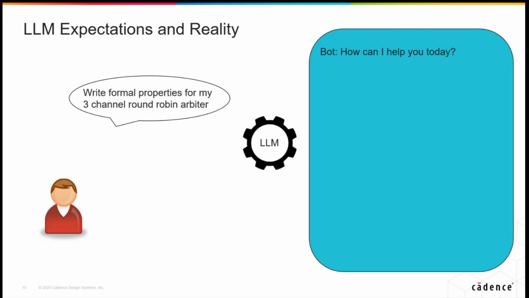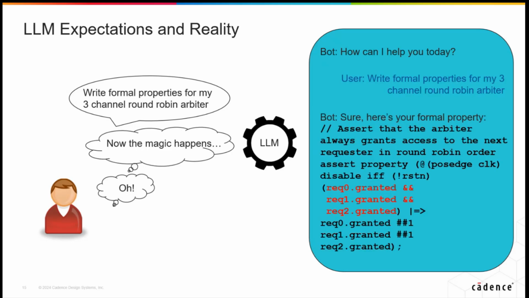I'm developing an arbiter, and I need to make sure it's round robin and fair. The tool says, great, I can do that. And with all the confidence in the world, it spits back some code. And you're like, yo, I think you said exactly this. The way it comes back to you, it's just so, yeah, no problem.